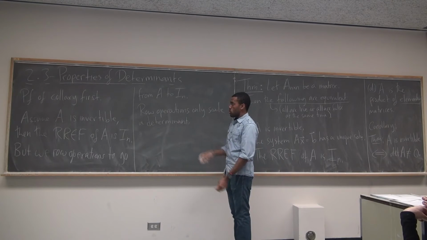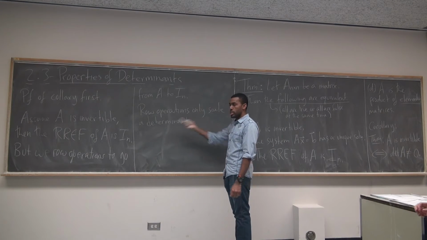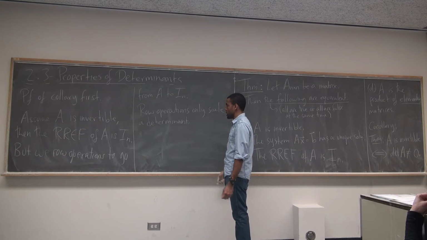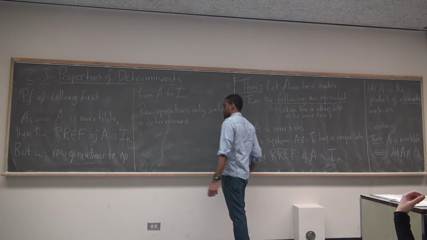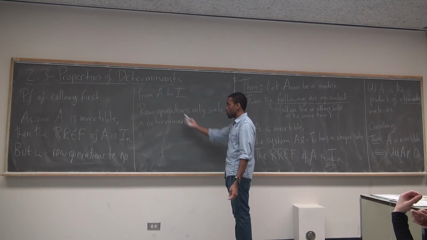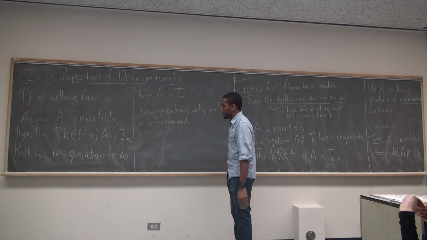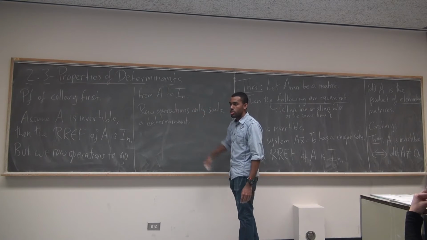Right? We have 3 row operations and we know how they all affect the determinant. If we switch two rows, we scale it by a -1. We just multiply it by a negative number. If we do a type 2 operation, multiply through by a constant, then the determinant gets multiplied by that constant. If we do our type 3 operation, it doesn't do anything. It's scaled by 1. Row operations only scale a determinant, which means if the determinant at the end of a bunch of row operations is non-zero, then it was non-zero from the very beginning.